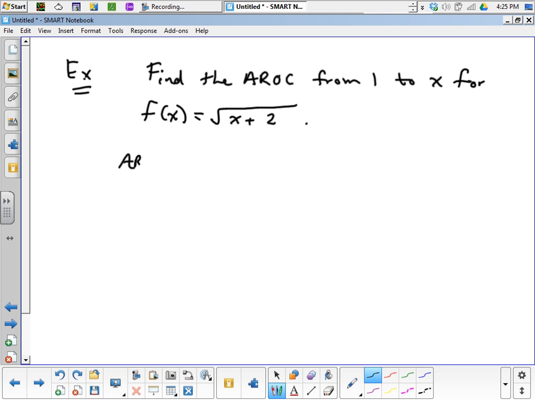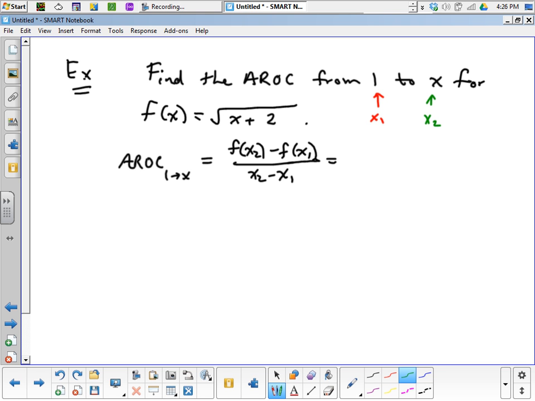The average rate of change from 1 to x would be, remember the rule, f of x2 minus f of x1 all over x2 minus x1. In this problem, the x1 that they're giving you is right here, and the x2 that they're giving you is this one. So we're going to plug those in.